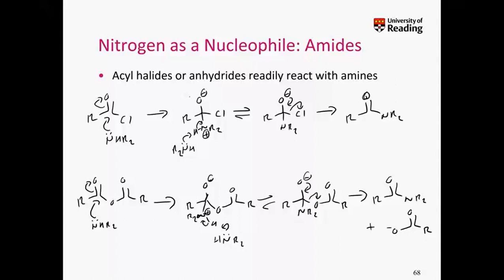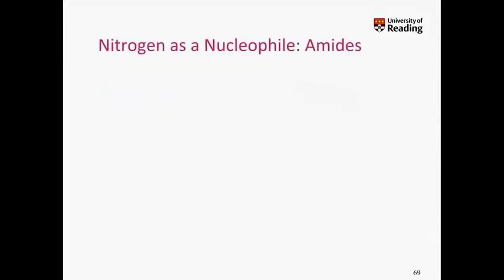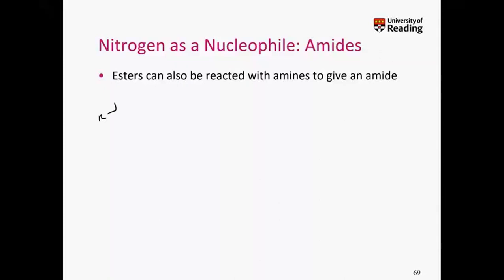As I said, we can use esters to try and make amides. So we looked at the carboxylic acid, that was a little bit complicated, but the esters can work. So again, if we take an example of our ester, we'll use an ethyl ester, and we'll use a simple amine.